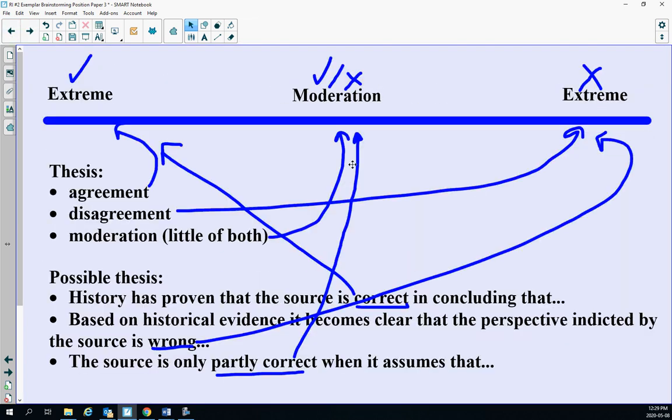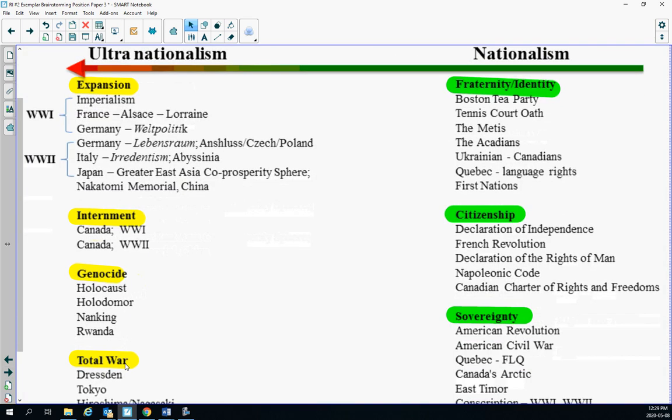That'd be for your response that's kind of in the middle. If you completely disagree with that source, well, you can build it much the same way, I guess. But that spectrum gives you 7 arguments. And all you really need to do now is configure them to either support the source, attack the source, or agree with the source in moderation at least.